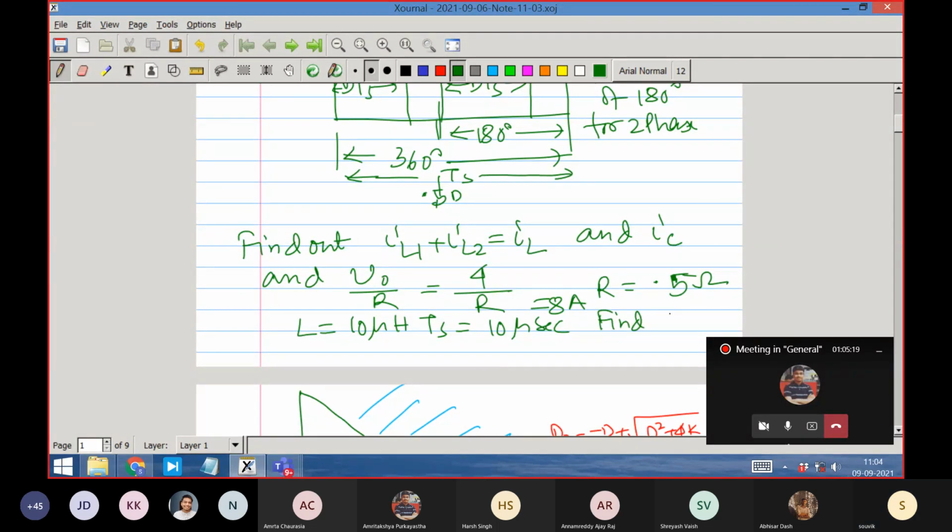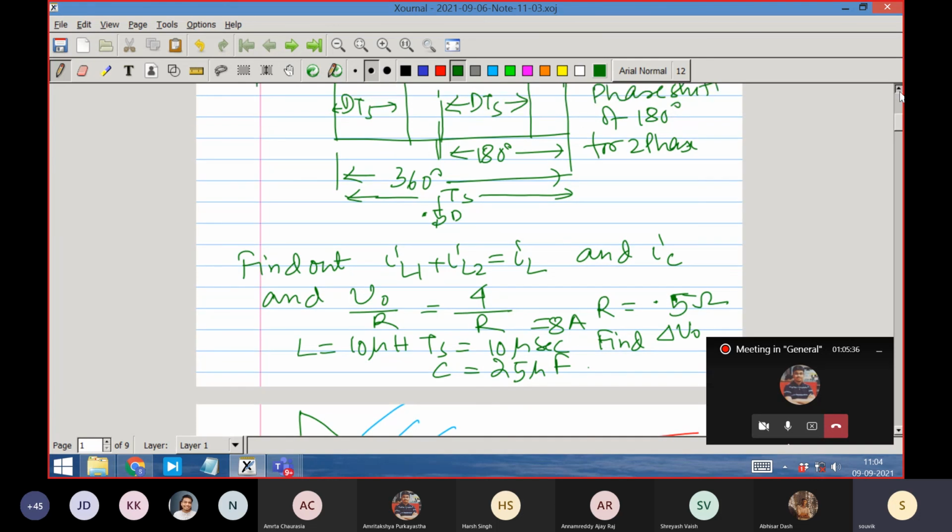Find delta V naught. Take the value whatever was there. I don't remember, 25 microfarad was probably the value. Find delta V naught and compare it if there were no phase shift.